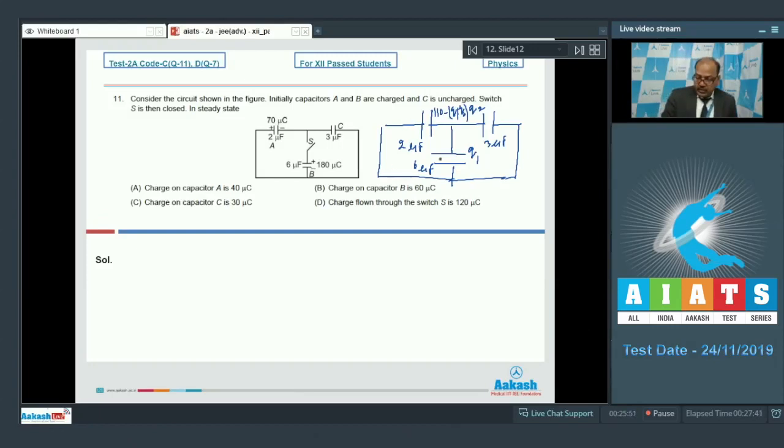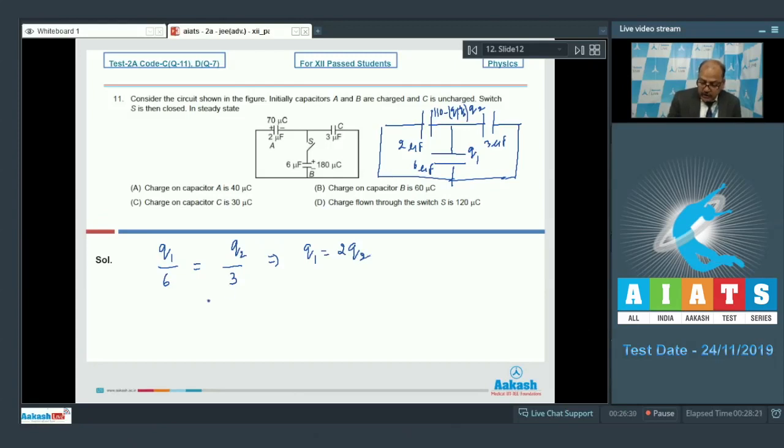We can use the loop law twice. If I look at this loop, all three capacitors are now in parallel, and so we can write the potential difference as Q1 by 6, and this must be equal to Q2 by 3, which itself gives us that Q1 is equal to 2Q2.